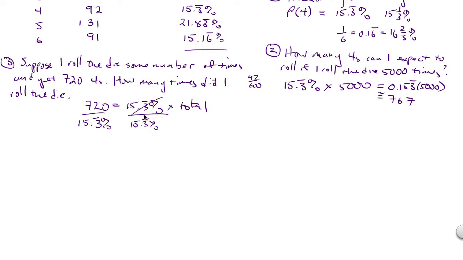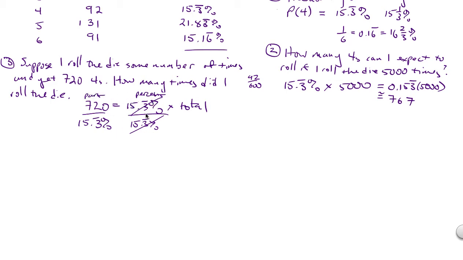In this situation, those go away. 15.3 repeating divided by 15.3 repeating is going to be 1. So intuitively, it seems like, yeah, anytime you're taking a percent of a total, you'll get your part, right?